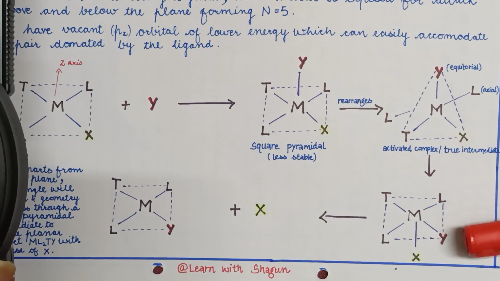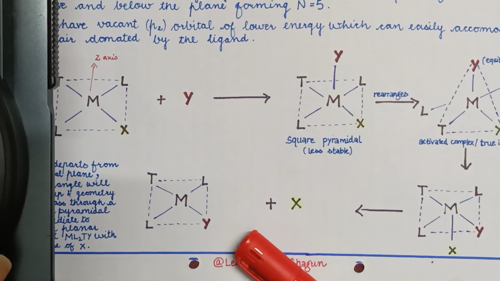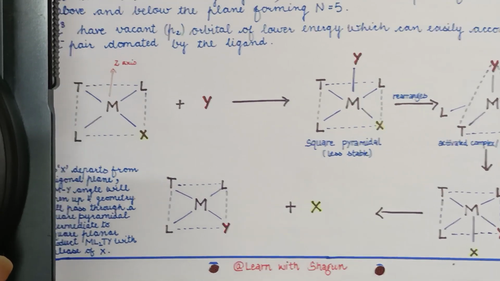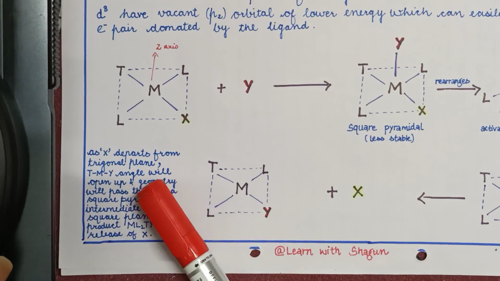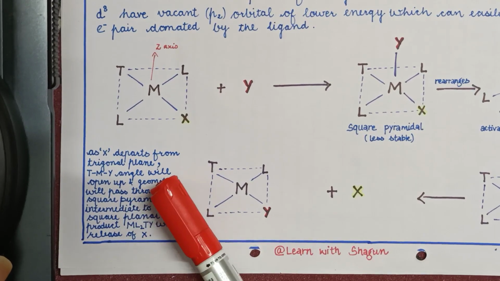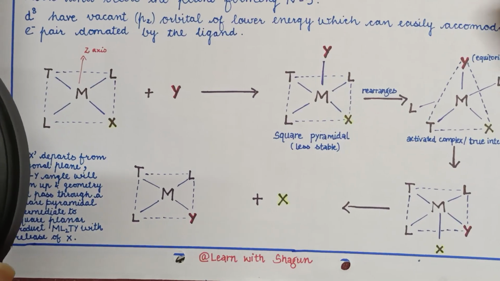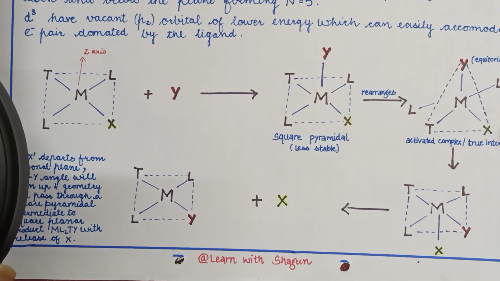It rearranges, and the X from this bond gets detached from the metal complex, and it forms the substrate and gets detached. As X departs from the trigonal plane, what was the trigonal plane? This was the trigonal plane. Y, T and X were in the trigonal plane.